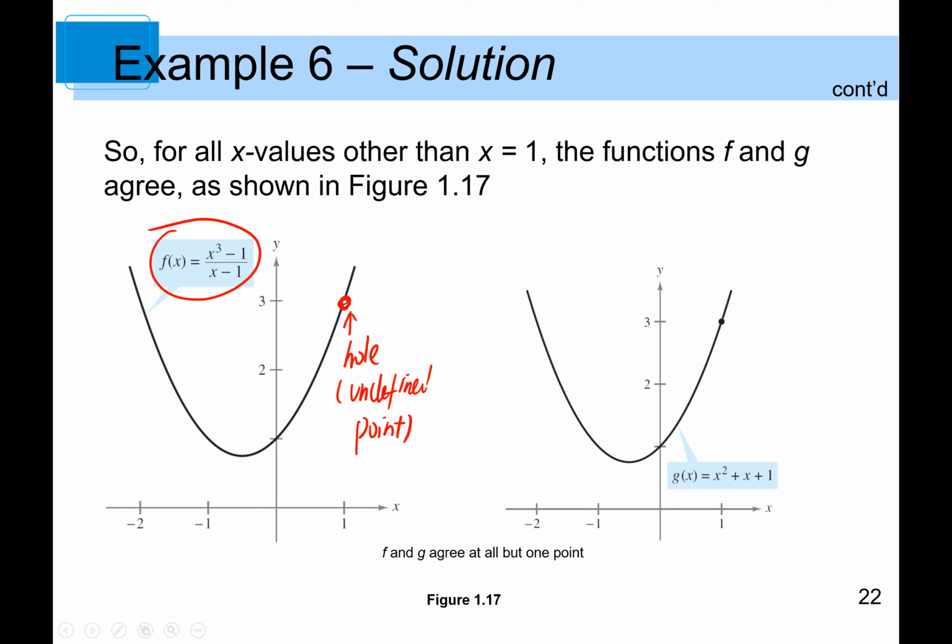But x squared plus x plus 1 is defined everywhere. So the only difference is at this point, as you can see. This one is a hole, this one is a solid dot, right? So these two functions are equivalent except at x equals 1, so they have the same limit as x approaches 1.